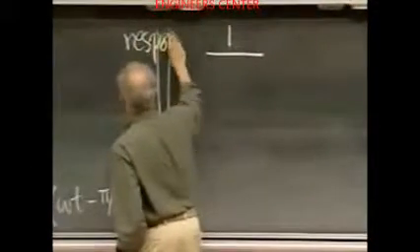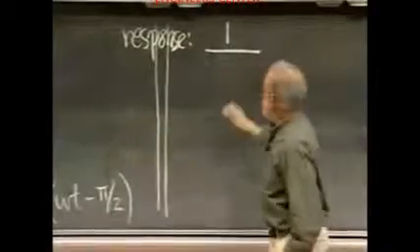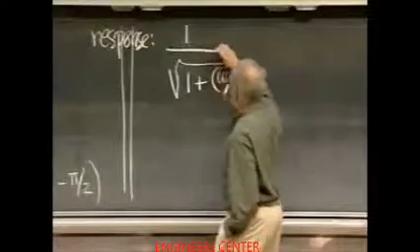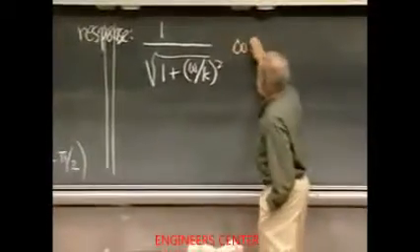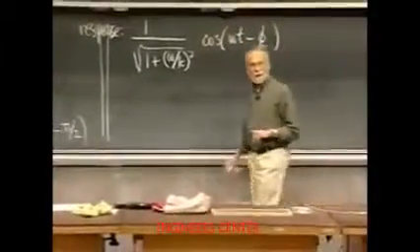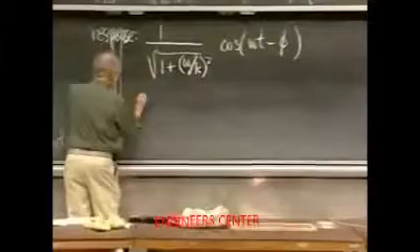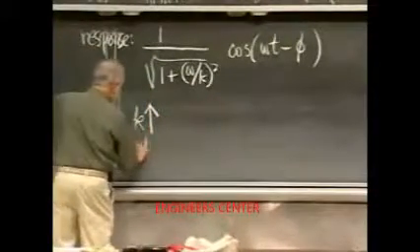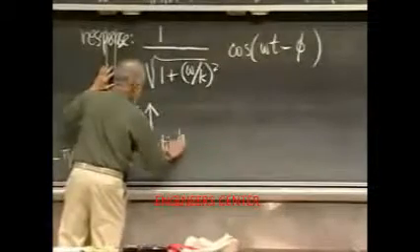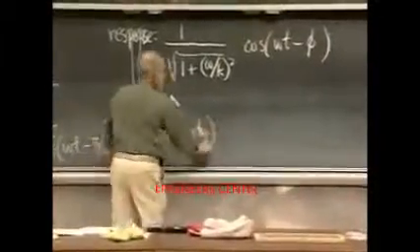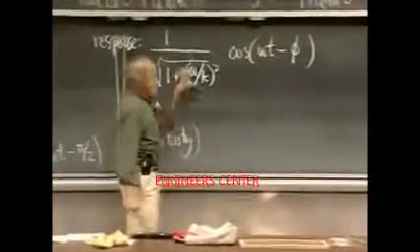The response function looks like the square root of 1 plus omega over k squared, times cosine omega t minus phi. And I asked you on the problem set, if k goes up, in other words, if the conductivity rises, if heat can get more rapidly from the outside to the inside, how does that affect the amplitude?